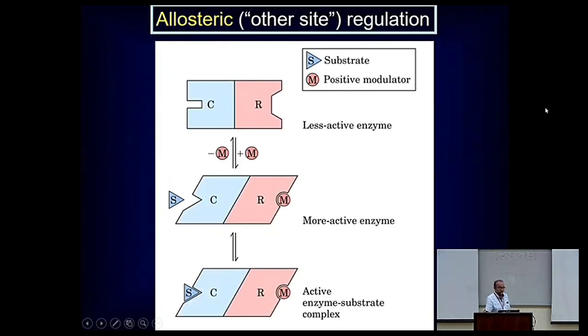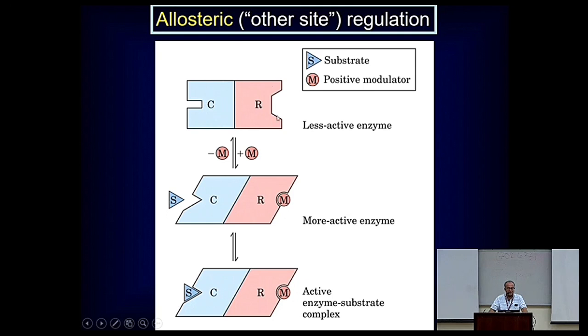Third one is allosteric regulation. And this is really where I want you to appreciate the concept of complex enzymes. Complex enzymes typically, as I mentioned, will contain more than one subunit. In this case, the catalytic subunit is designated C. Here's one polypeptide.